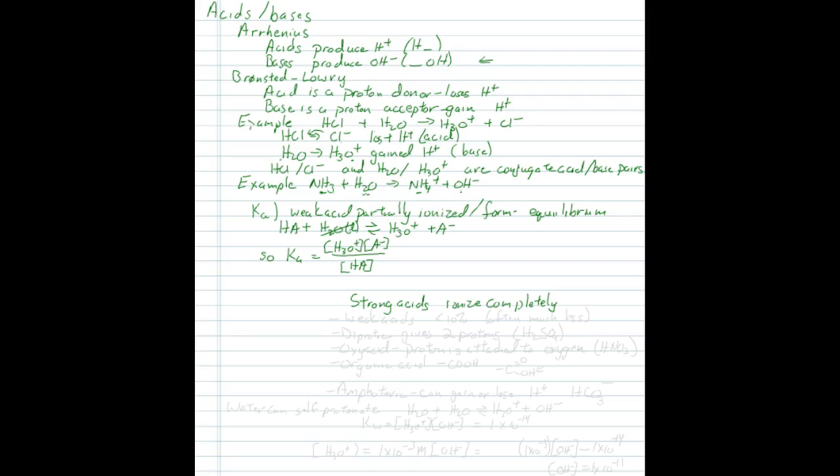H2SO4 we're going to talk about a little bit later. There are weak acids, and these ionize less than 10%. Very few are that high. Most of them are 5% or less. So they're often much less for many, many acids.